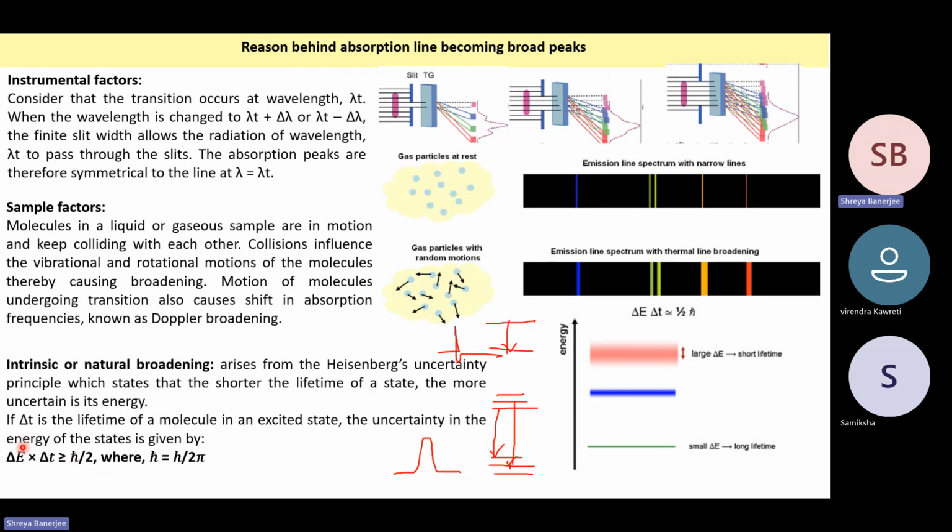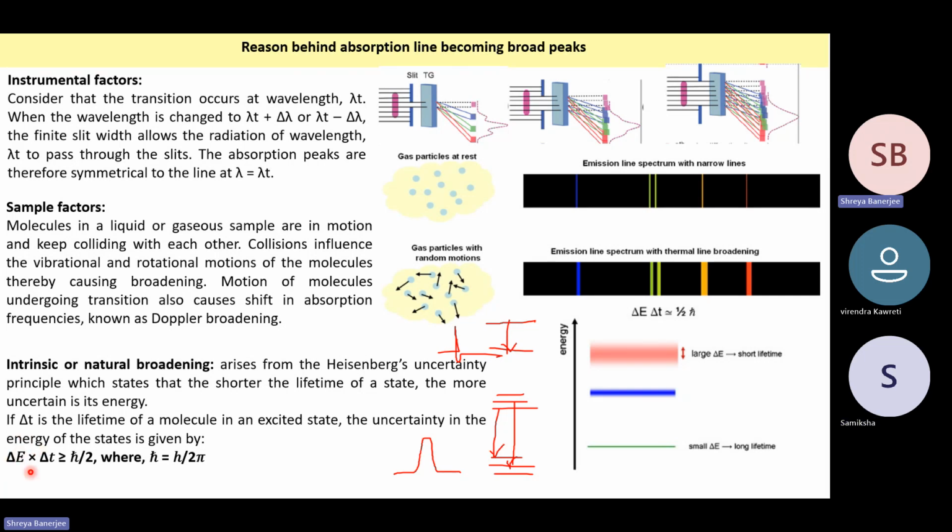In Heisenberg's uncertainty principle, you can never know both the position and the momentum. This is another form of the Heisenberg's uncertainty principle, which states that any energy level will have a certain amount of uncertainty in the energy.